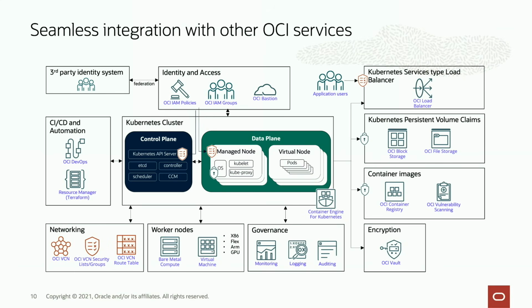Your Kubernetes clusters use compute instances available as part of OCI compute service. So you can configure bare metal servers as part of your clusters or virtual machines with all the processor types that OCI provides.